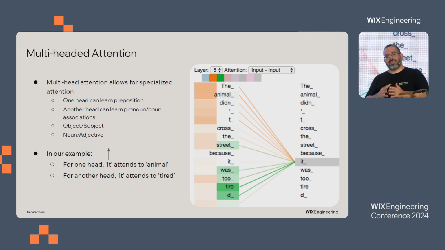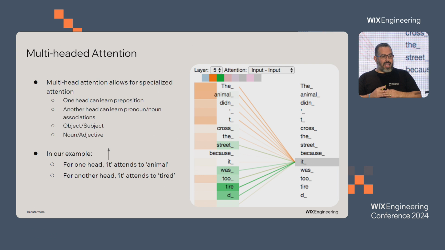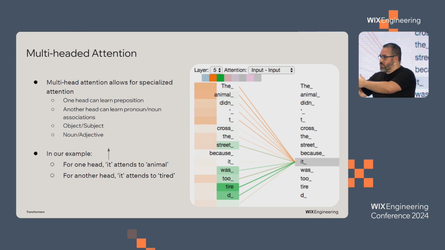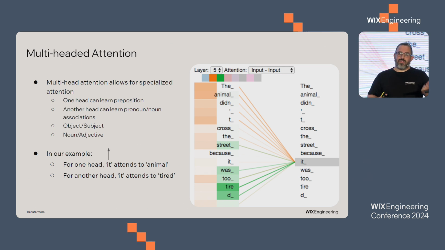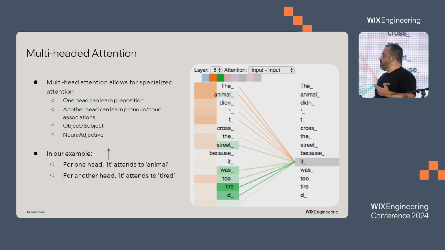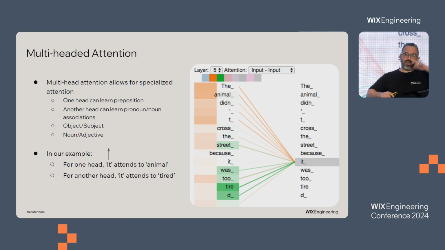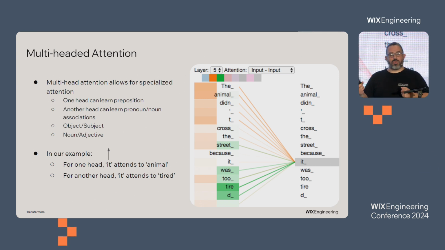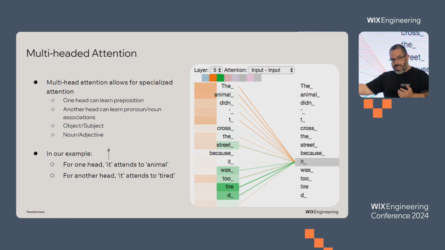So if we extend the self-attention mechanism by stacking multiple heads, or multiple self-attention functions, on top of one another, we can then train the neural network to learn different aspects of the language. So for example, we can train it to learn pronouns, so what does it relate to? It relates to animal. We can also train it to make connections or relationships between objects and subjects of a sentence.